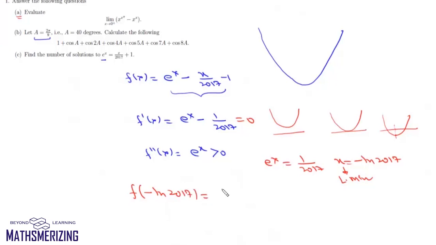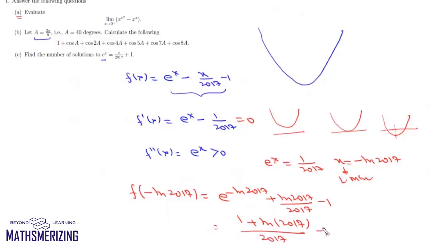Then we'll get e^(−log 2017) minus x/2017, so it will be plus log 2017 upon 2017 and then minus 1. Now this value is 1/2017, so we can write 1 plus log 2017 upon 2017 minus 1.